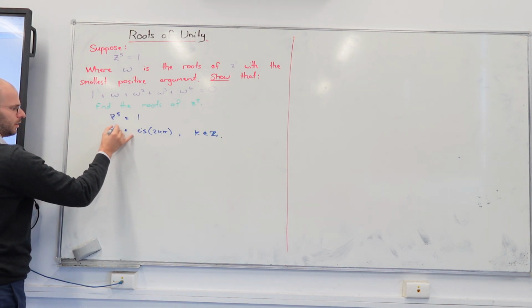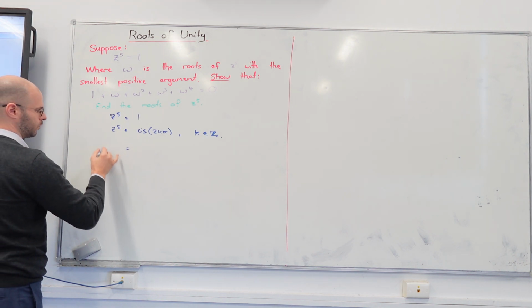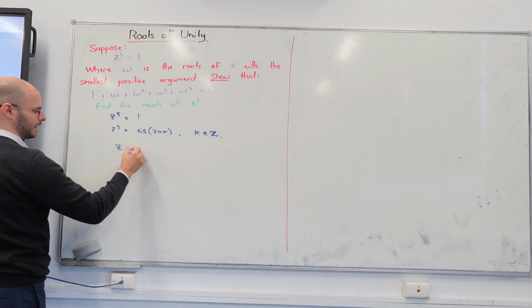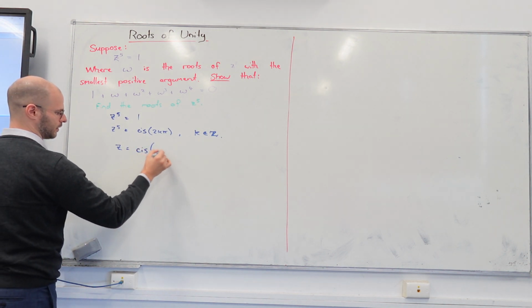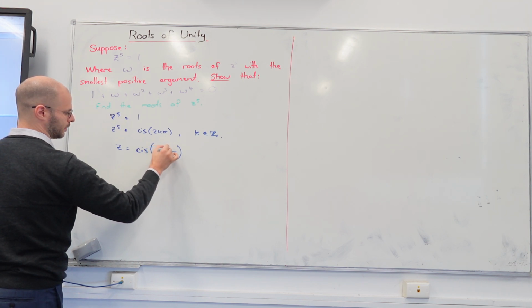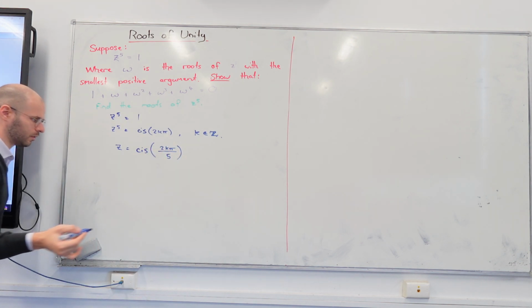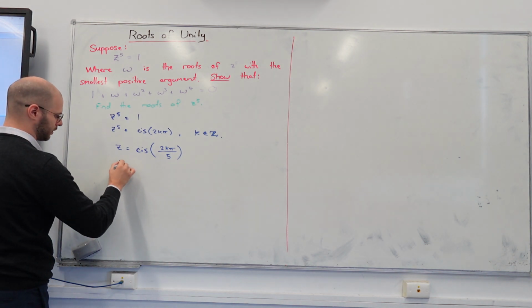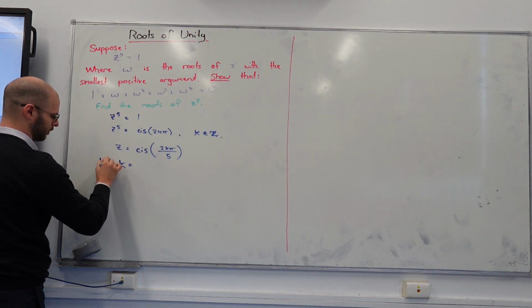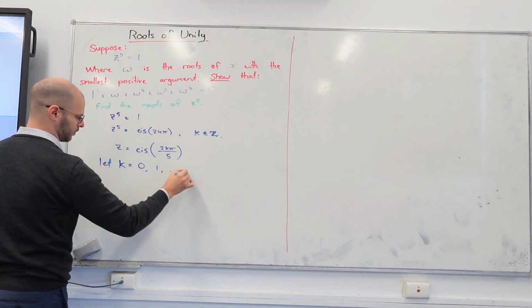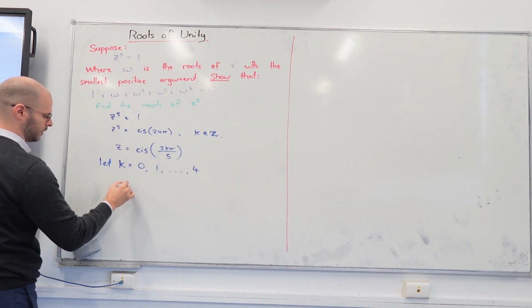And then using de Moivre's theorem, we know that the roots are going to be cis 2k pi all over 5. And what values of k are we looking at, Mr. Leishman? Let's do 0 through 4. Bingo.